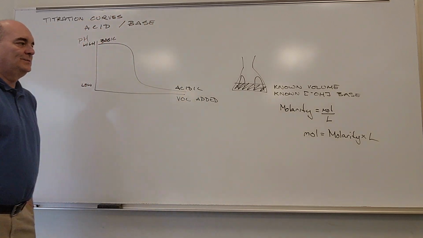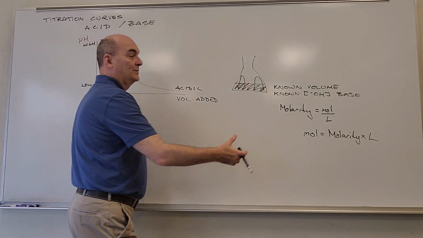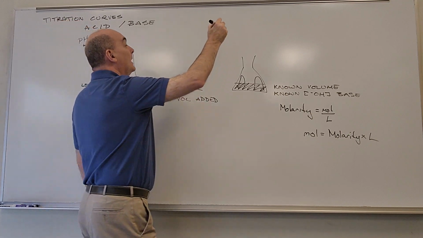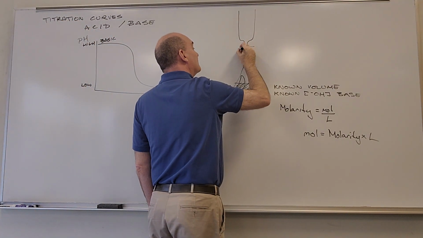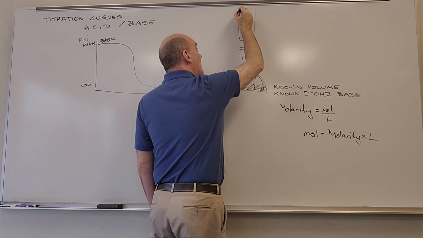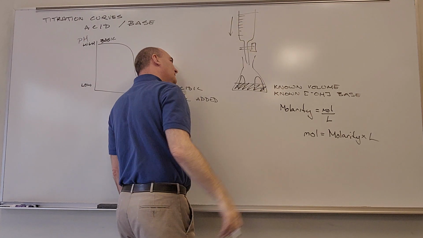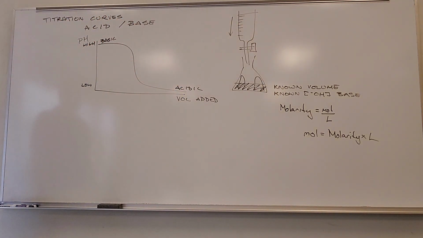So all I'd have to do is make sure that that volume is written in liters, not in milliliters, because my concentration is in moles per liter. And then we would take a burette and we would titrate in a volume of acid.